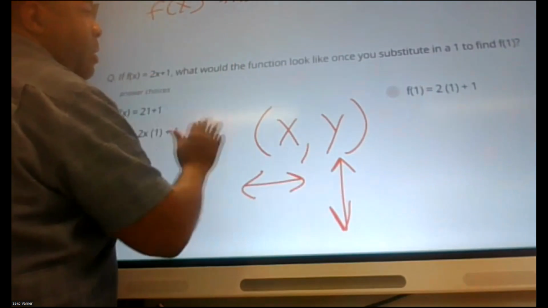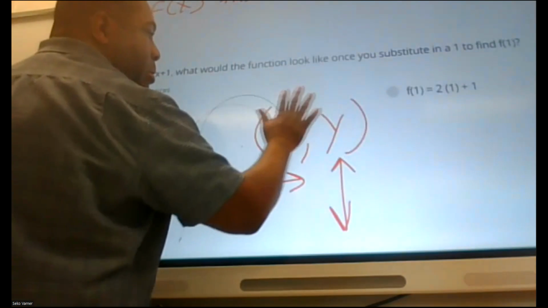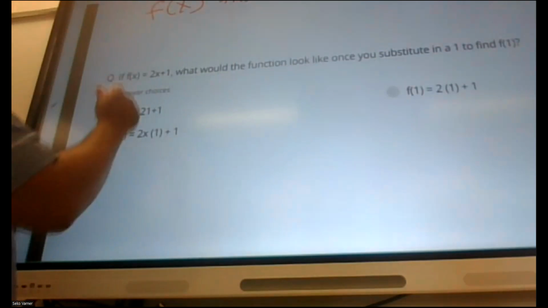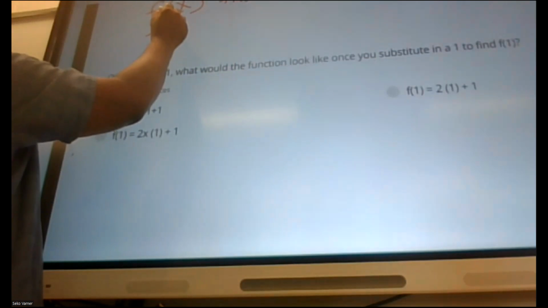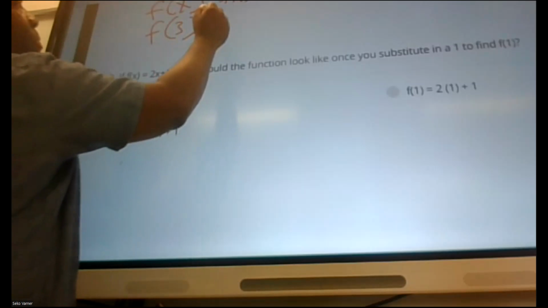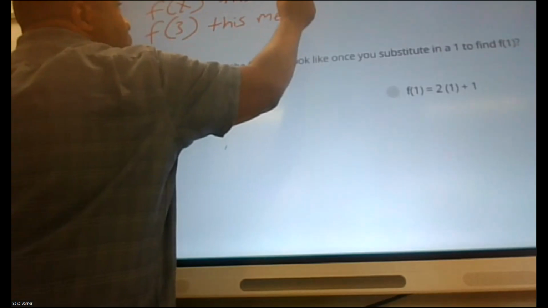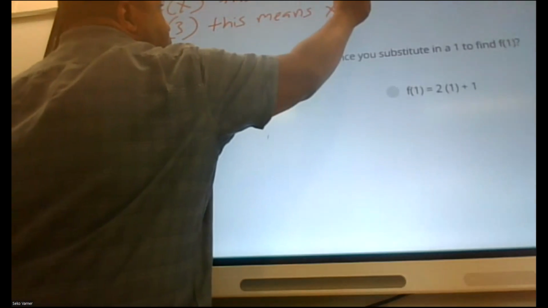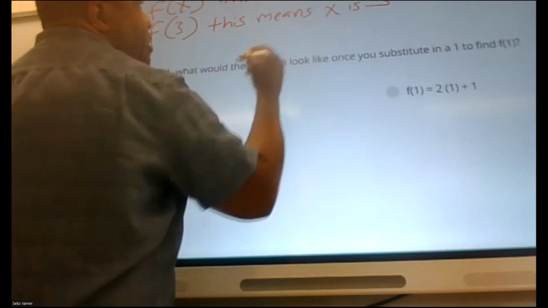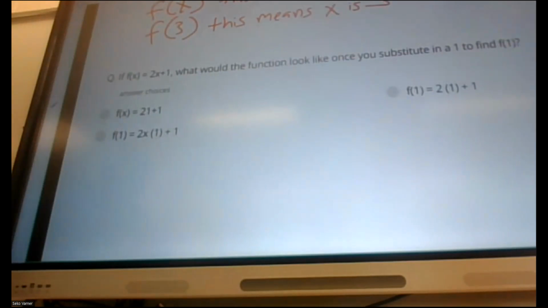All right, so this kind of means y to me. And if I see f and there's a 3, then this means that x is 3. So I'm just using this as a note to remind myself.